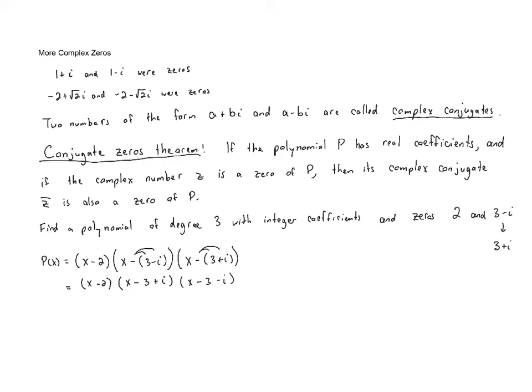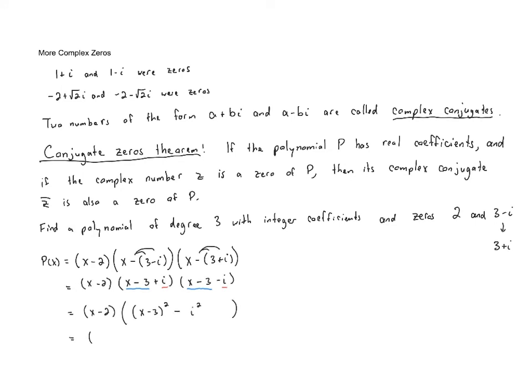And there's an interesting thing that's going on right here. In the second and third factors, we have a sum of two terms times the difference of those same two terms. And we know from our special product rules that that is actually the difference of two squares. So keeping the x minus 2 out front, we can rewrite this product as (x minus 3) squared minus i squared.